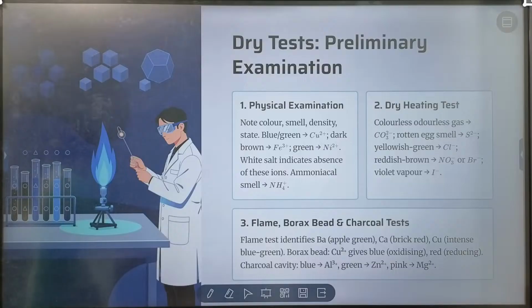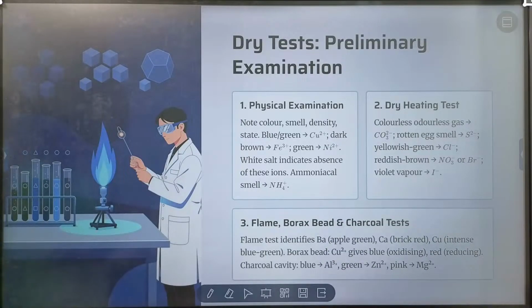And if you introduce this glassy bead, that is metaborate and boric anhydride, into the oxidizing flame or the reducing flame along with the metal salt, that will burn with a characteristic color, and that shows the presence of the salt, which you have to identify.